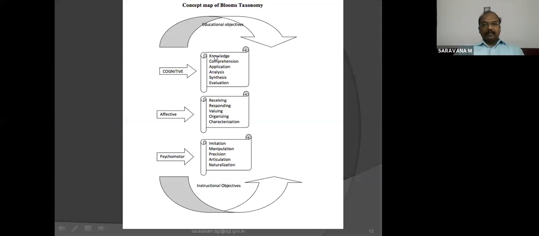Let us see the major components of this cognitive domain, affective domain, and psychomotor domain. Major component means, we discussed one day, lesson plan is a format, and it has four major components: preparation, presentation, application and test.